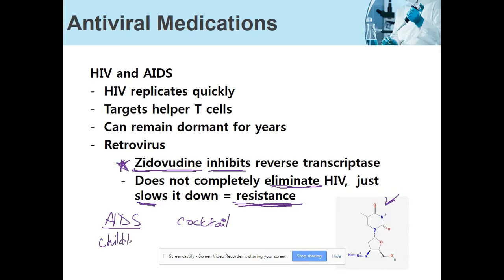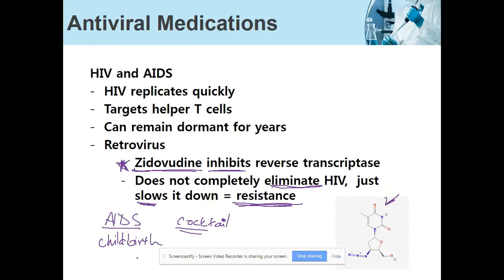So if mom is HIV positive, we can do this cocktail with zidovudine for mom, and that should help prevent the baby from contracting the virus during childbirth. The virus cannot get across the placenta, so the baby in utero won't be HIV positive, but childbirth is messy.